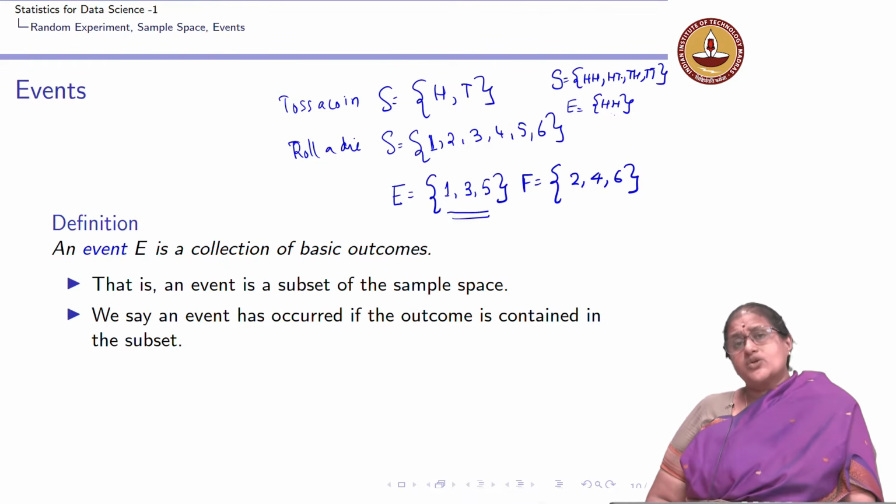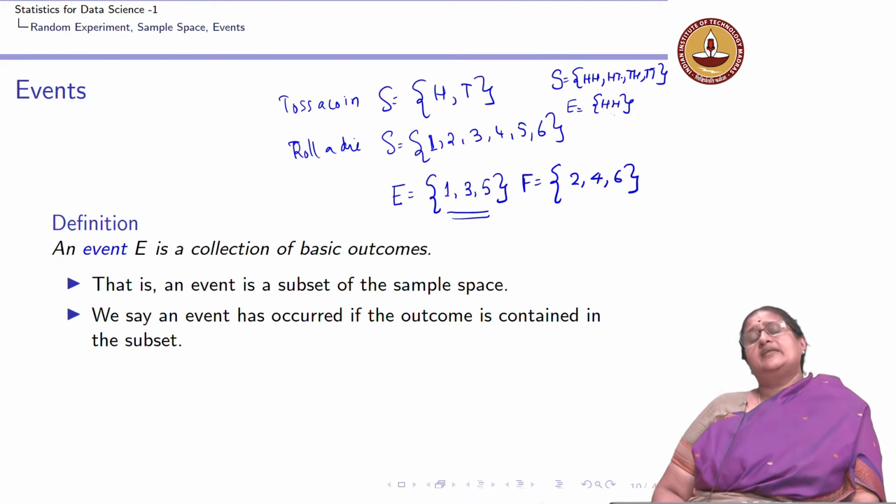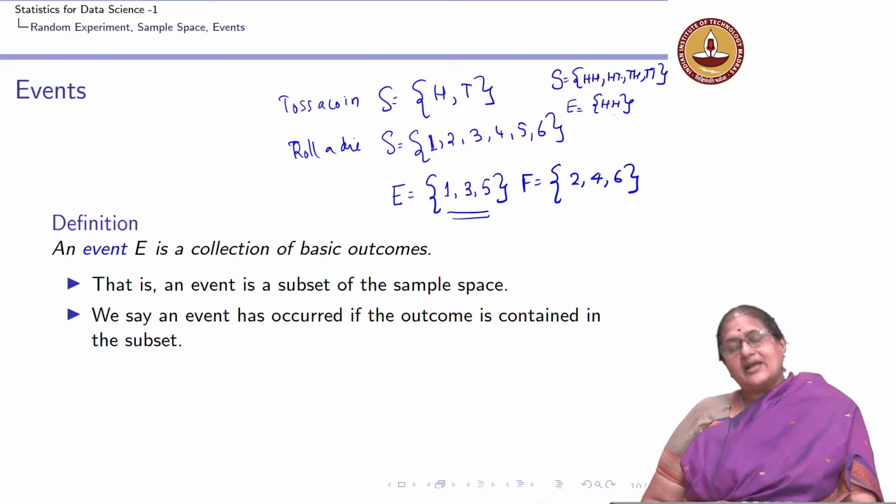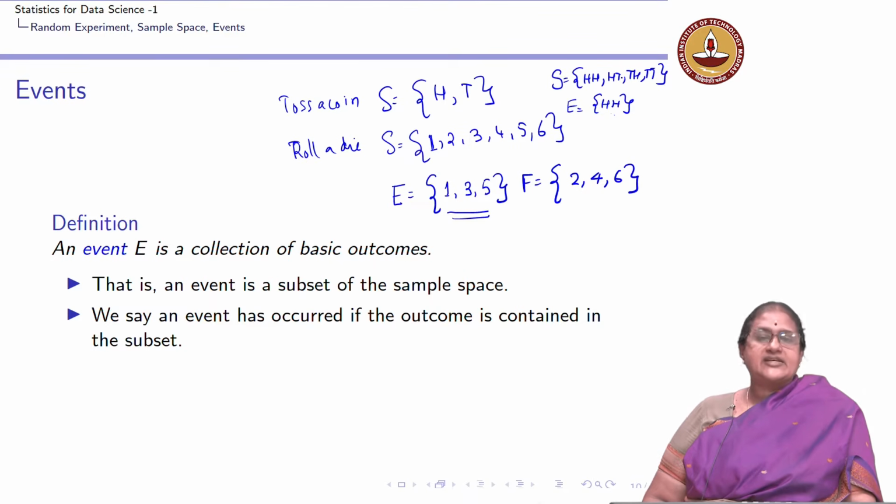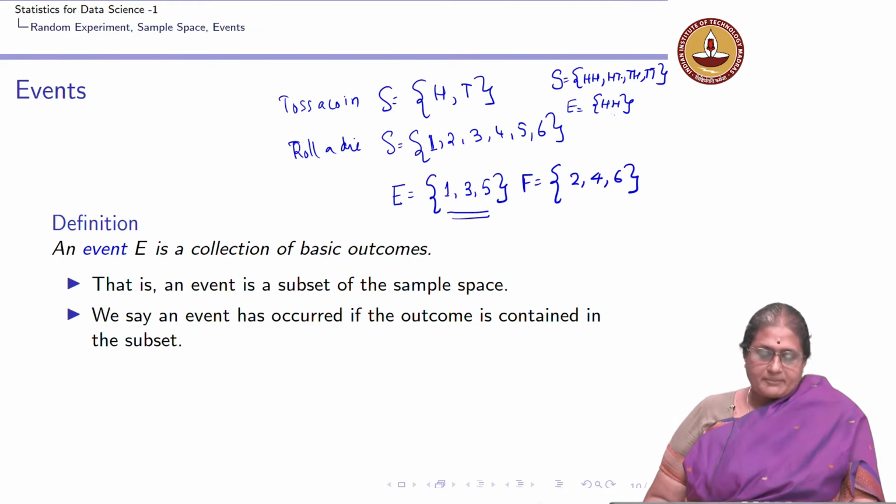So, we need to understand that given a random experiment, we need to understand how we define these events. We also need to understand that these events are subsets of my sample space.